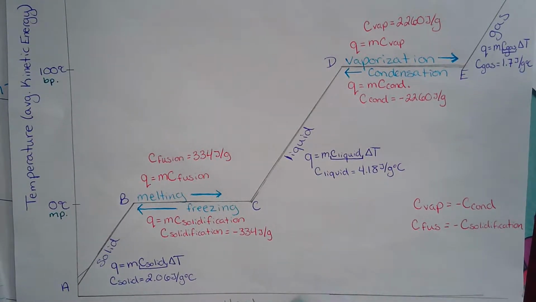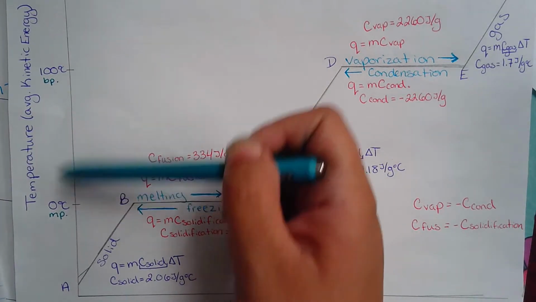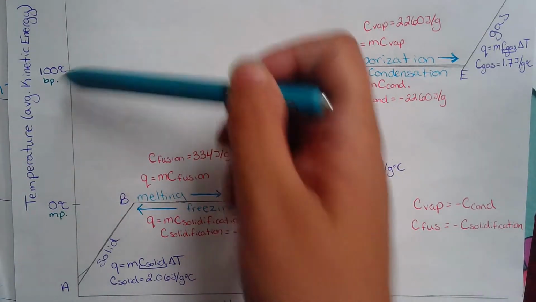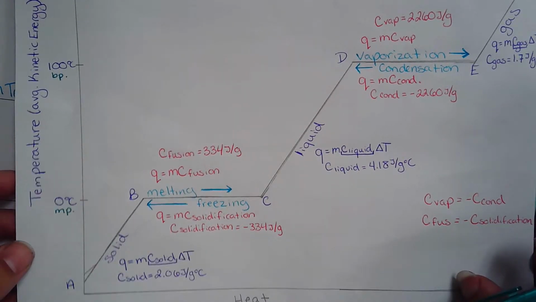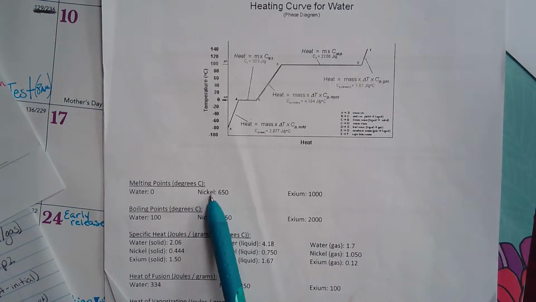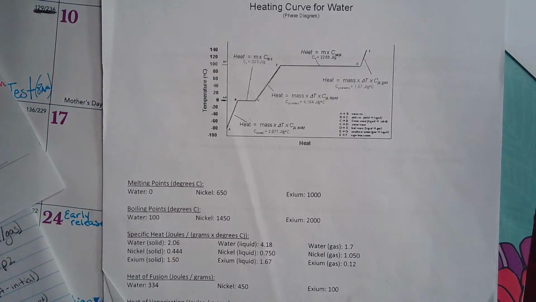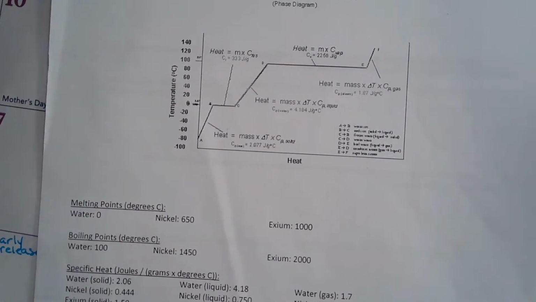And anytime you change the substance, all you do is change the value for the melting point or the boiling point. So for example, if you were using nickel, go to our packet. If you're looking at nickel, then you would use the melting point of 650 degrees and a boiling point of 1,450 degrees.